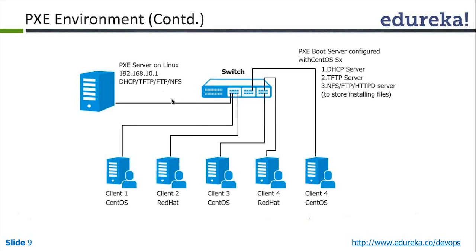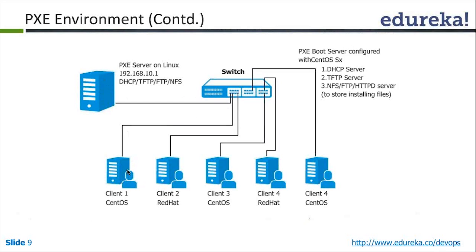Now, what does the DHCP give you? It gives you the IP address. So this system wants to install the operating system. What does it do? Because this system has a PXE-enabled network card, it will go in search of a small software code called the pre-boot environment.